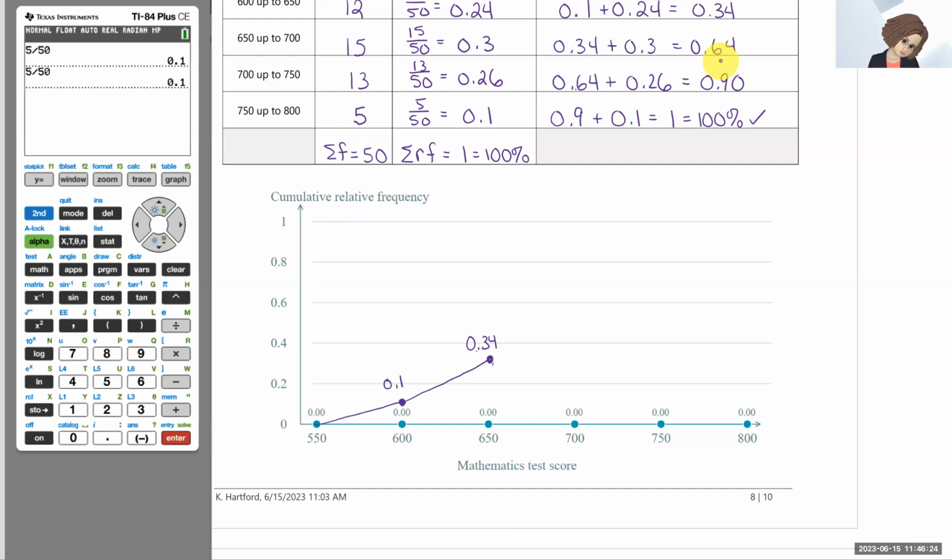And then we went to 0.64, and 0.9, and then 1. All right, and there you go. So that is an ogive, or in this case, a cumulative relative frequency polygon.